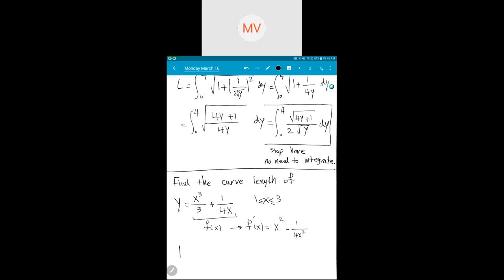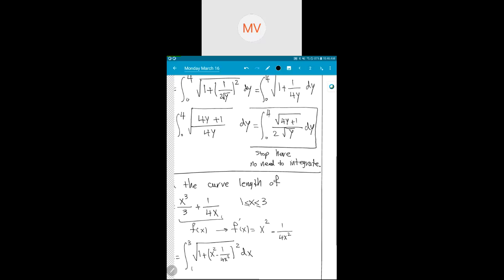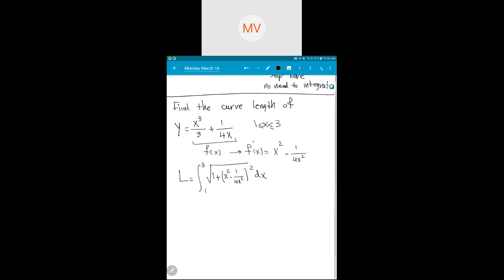All right. Now length is the integration from 1 to 3 of the square root of 1 plus that entire derivative squared. And that derivative is x squared minus 1 over 4 x squared, dx. We'll finish this one. So that's a quantity squared.